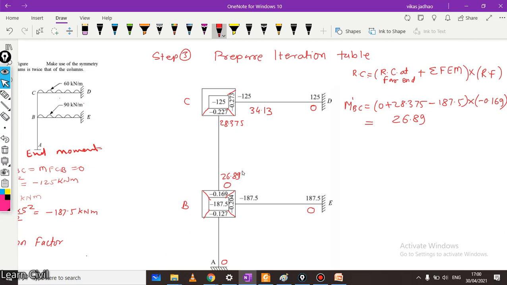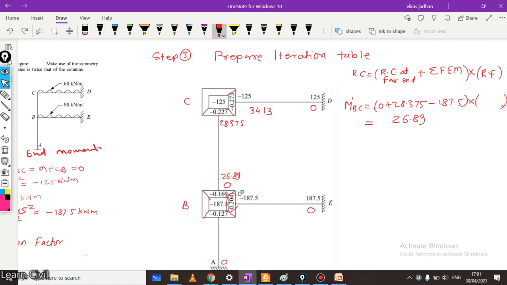Similarly we can find out the rotation contribution for BE. For BE, this value will remain the same for the next rotation contribution calculation. Only we have to change the rotation factor.